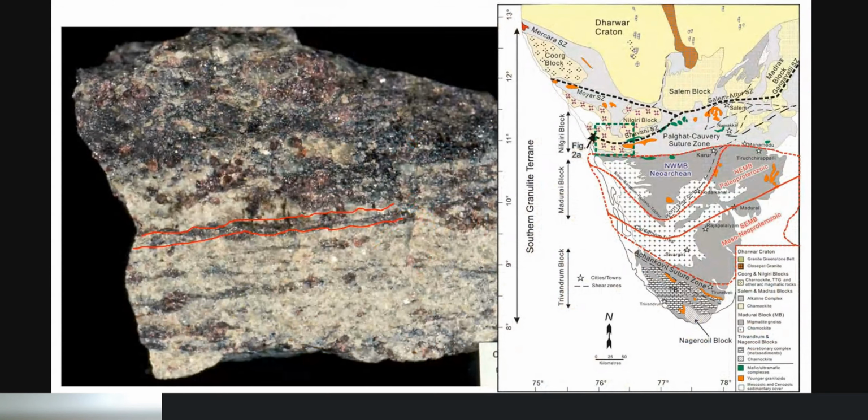So this is the particular area from where we get this kind of rock, and these rocks contain garnet and feldspar. These are feldspar minerals, these are garnet, and there are sillimanite minerals, and there is some biotite around the garnet. How are these formed?